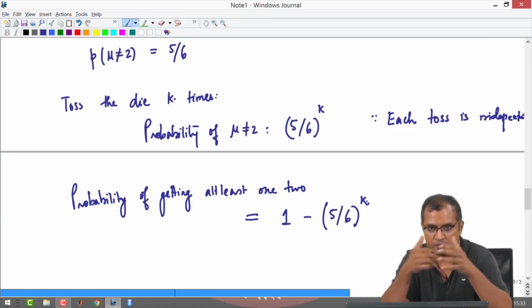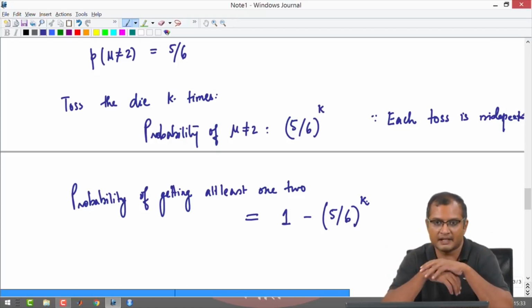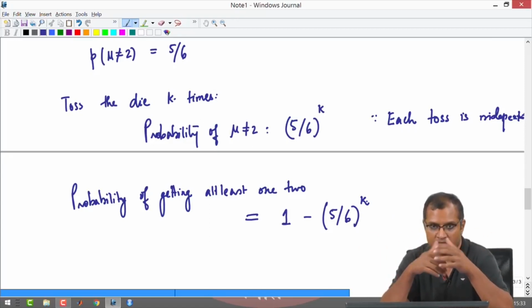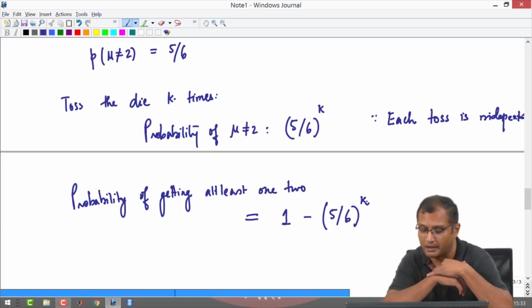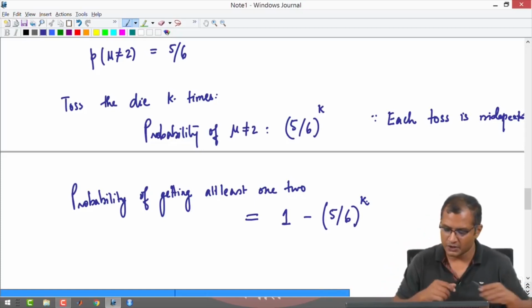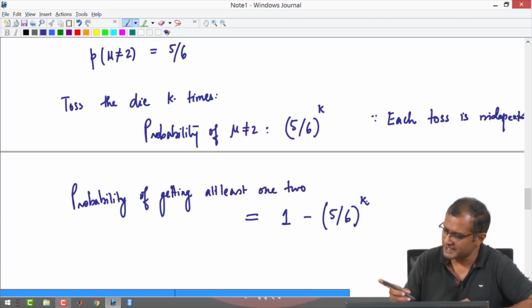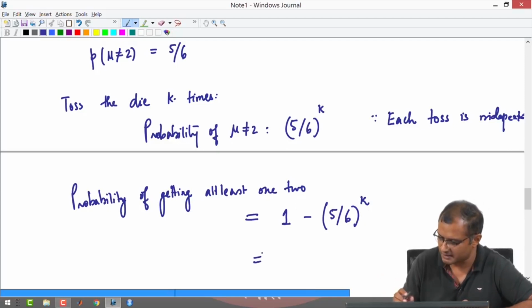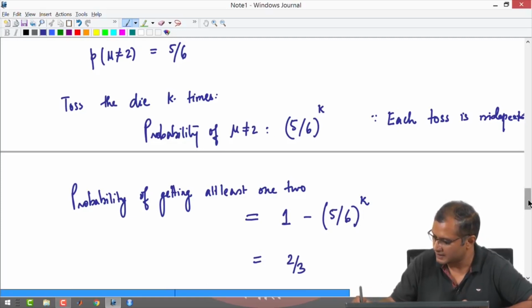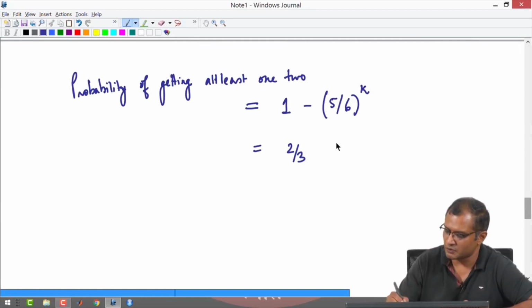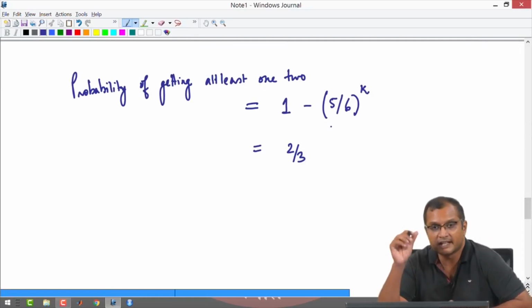The sum of these two regions is basically your entire sample space, which is denoted here as probability 1. Okay. So, what is basically given to me is that 1 minus 5 by 6 to the power k is given as 2/3. So, this is the desired probability of getting at least 1 2.